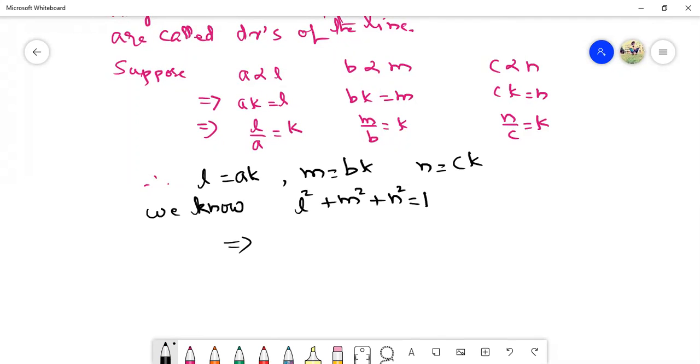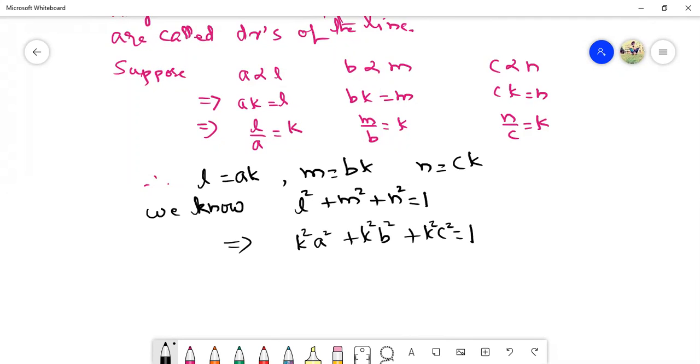If the direction ratios are given, how do we find the direction cosines? The value of L is KA, so K square A square plus K square B square plus K square C square is equal to 1.